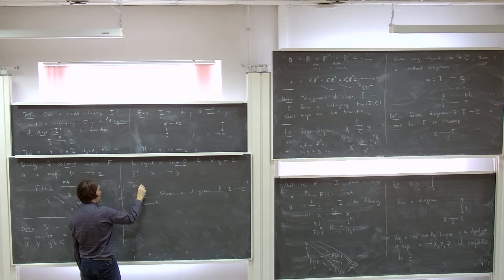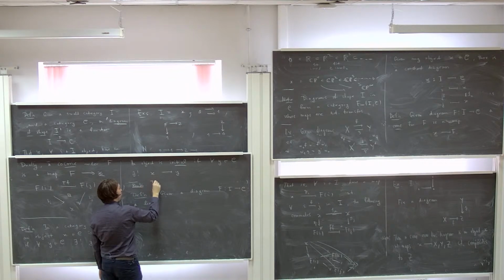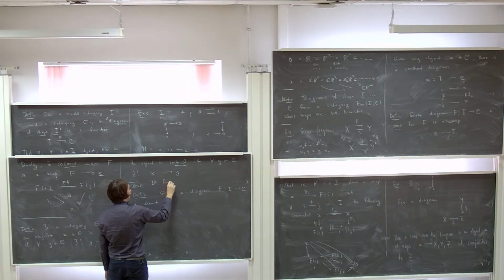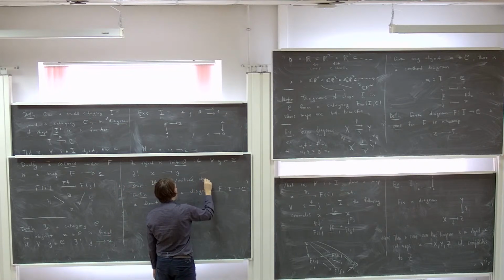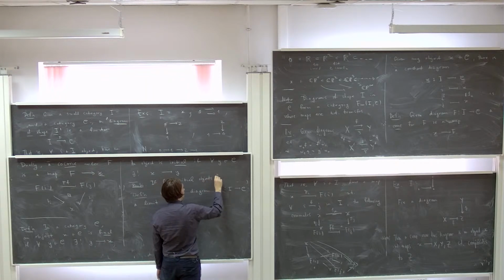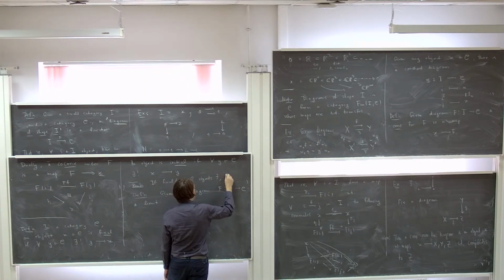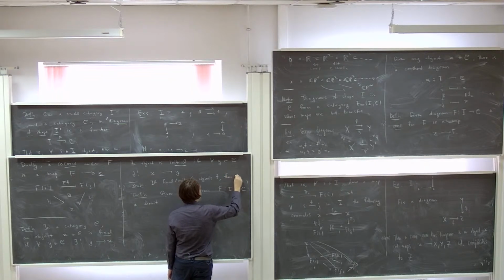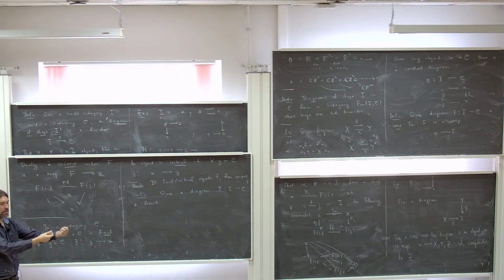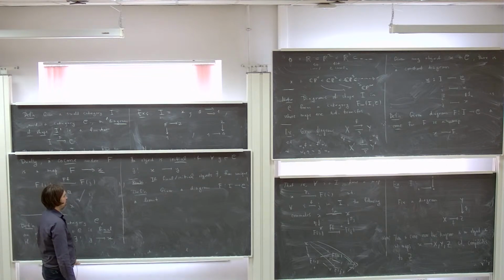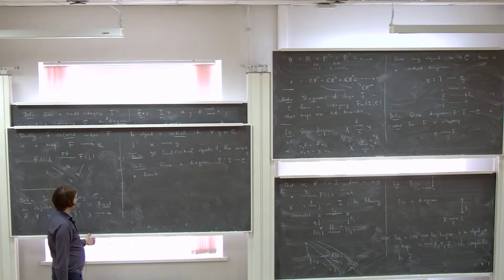You can easily check if final or initial objects exist, they're unique up to isomorphism. Then they're unique, up to unique isomorphism. So this is easy to check. If there is one, then any other one maps to it, and conversely. And that map is unique. So the composite of the two must be the identity.